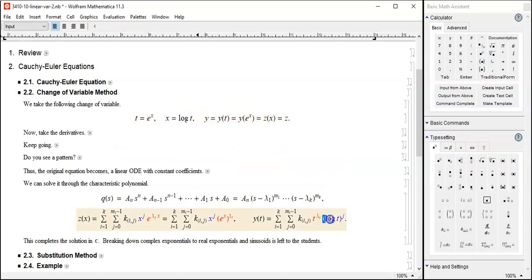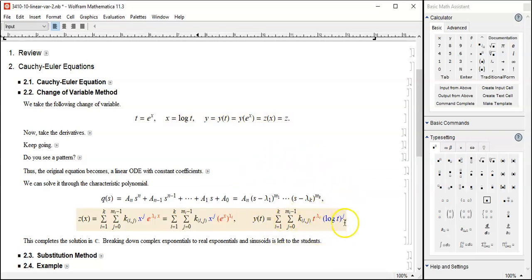So that'll give me log of t to the j power. Now how about the e to the lambda x part? You can rewrite it as e to the x times lambda power, and e to the x is t, so you get t to the lambda power.